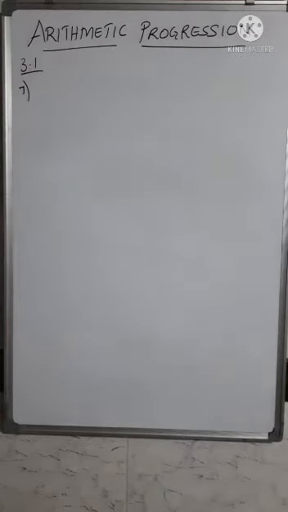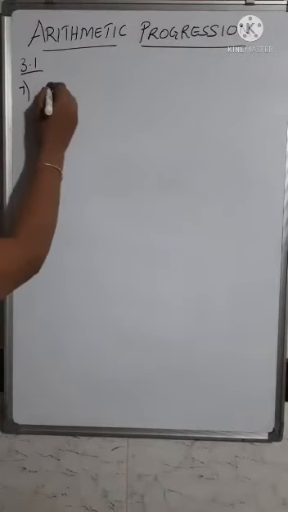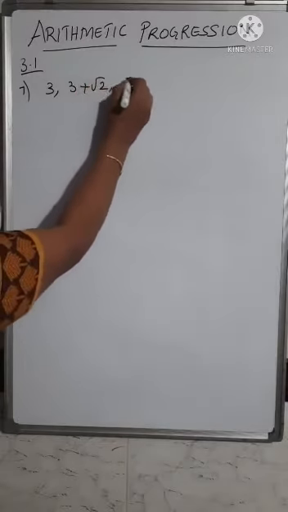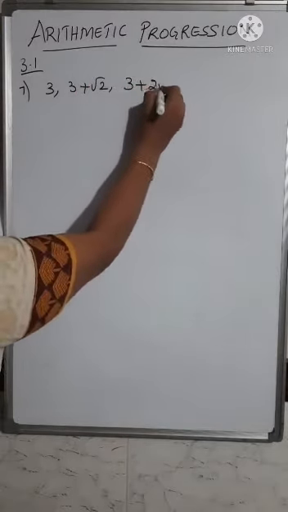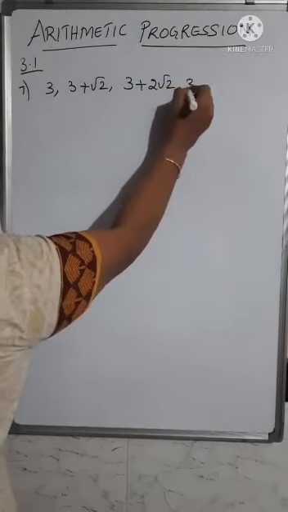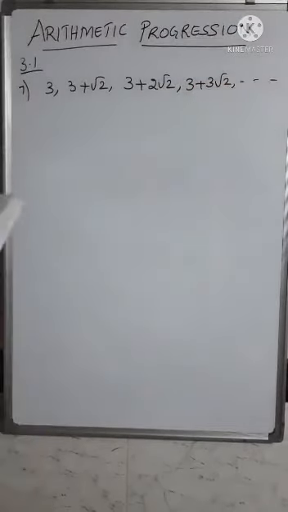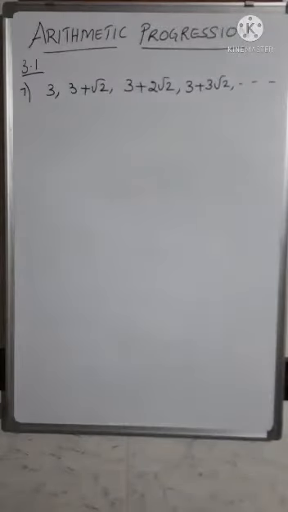In the seventh problem, you have got 3 plus root 2, 3 plus 2 root 2, 3 plus 3 root 2. You have to determine whether it is an AP, and if it is an AP, find the common difference.